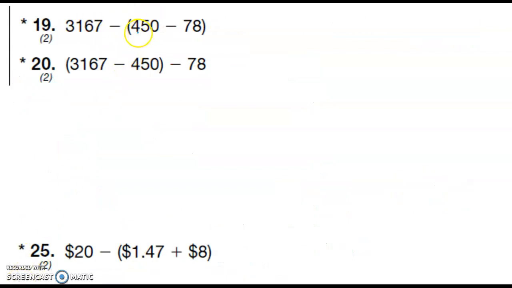Okay. So 19 and 20 are going to show us again that subtraction is not part of the associative property. The associative property does not apply to subtraction. So let's go ahead and show that. Because the order of these numbers is the same for 19 and 20, it's just where the parentheses are that has changed. So let's do 450 minus 78.